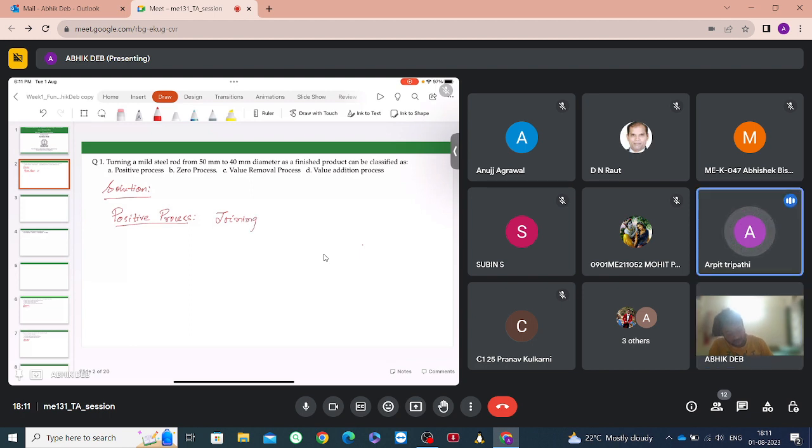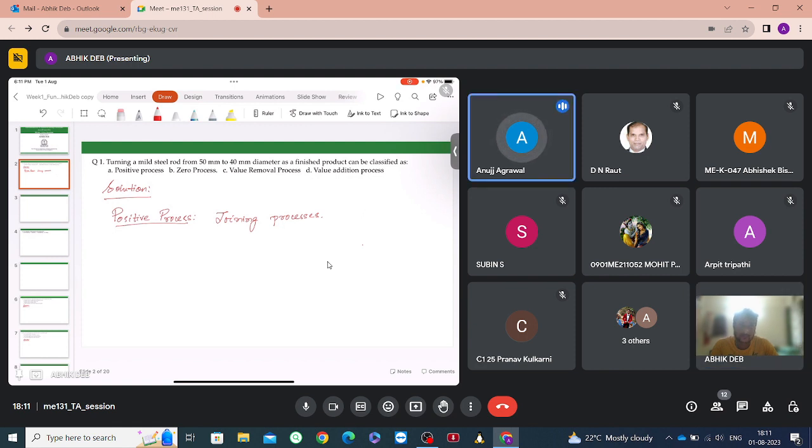How will you classify that it is a positive process? Joining is a kind of process. So what is the basic principle of a positive process? Sir, we are adding some material. Yeah. So basically, the mass will be added. So mass is added.